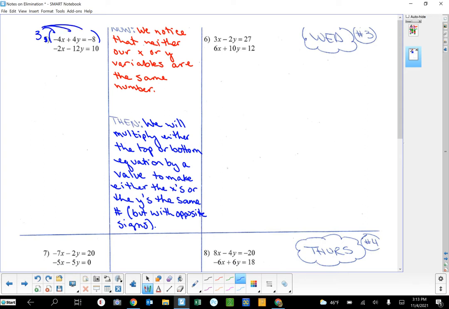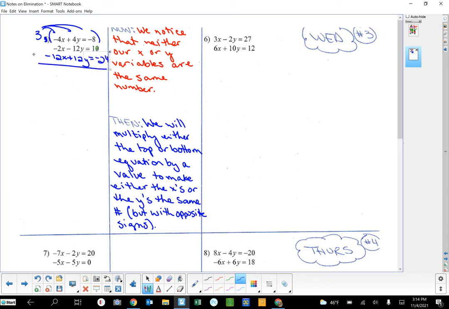I'm going to multiply each term by 3 and write it down below. So what I'm going to get is a negative 12x plus a 12y. I did that so that my y's are now the same, but with opposite signs, so I didn't have to use a negative out here. And 3 times negative 8 is negative 24.